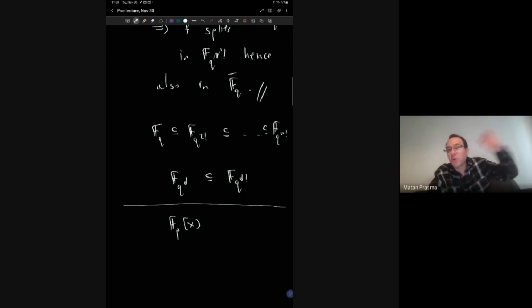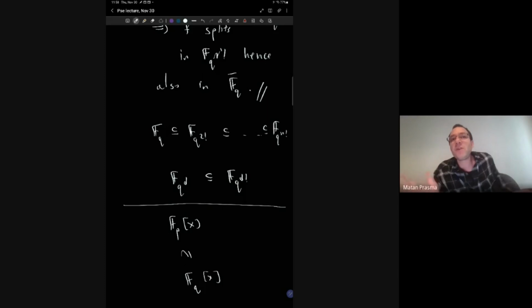If you told me in advance what polynomial you're interested in, I can take a splitting field of this polynomial. It will be some finite field, and I can look at the polynomial over the splitting field. And then it will be good for one particular polynomial that you chose in advance.